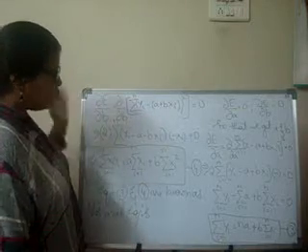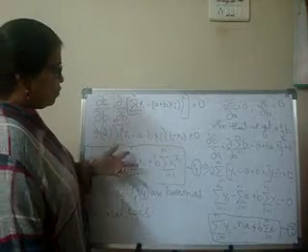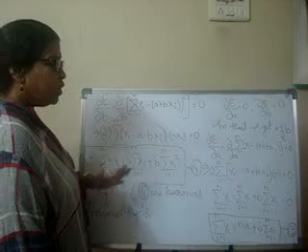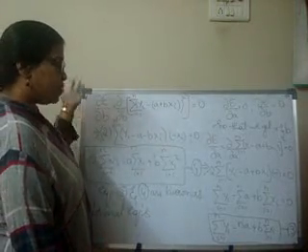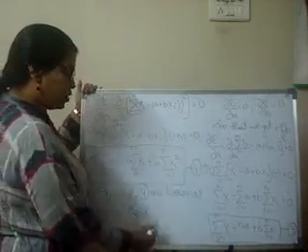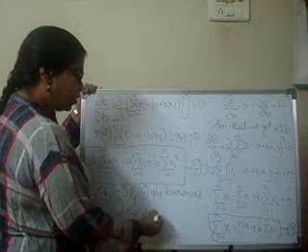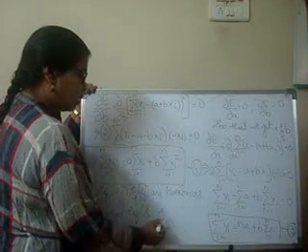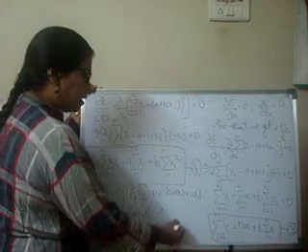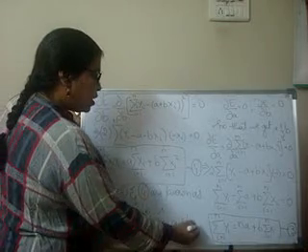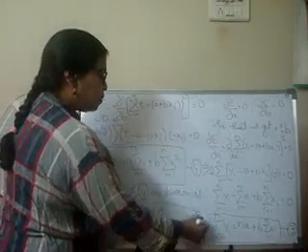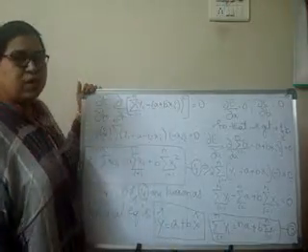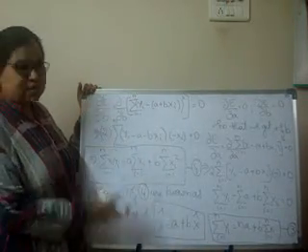And solving these two normal equations for a and b, we are going to get the values. That a and b, if we substitute in our equation 1, we are going to get the value y cap equals a plus b x cap. And this is the best fit for the given data.